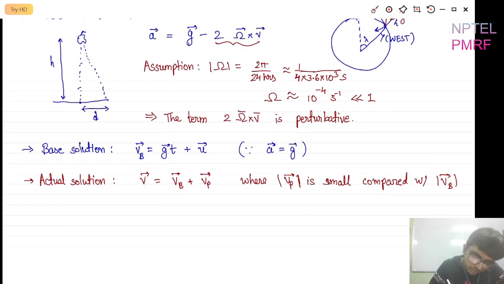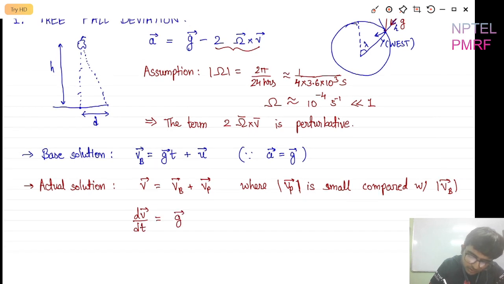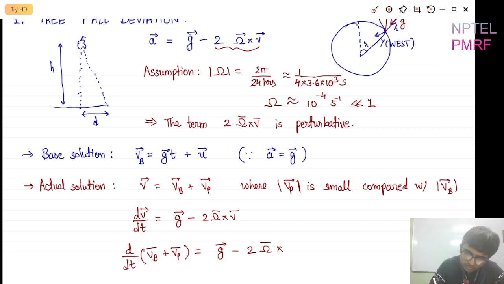So the equation is dv by dt equals g minus 2 omega cross v. Now we put v equal to vb plus vp, so d by dt of vb plus vp equals g minus 2 omega cross, again vb plus vp.